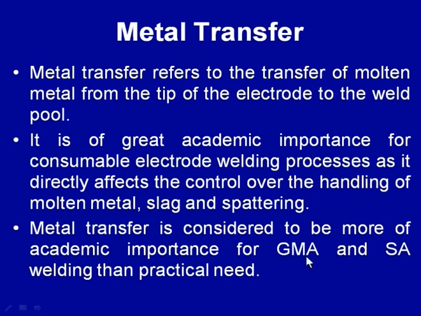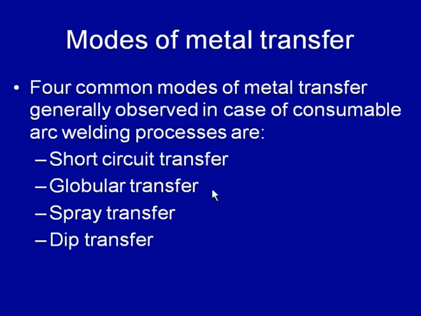Therefore, it is mainly considered of more academic importance, especially in consumable arc welding processes like GMAW and submerged arc welding, and of less practical need. But of course, if the proper mode of metal transfer is applied during welding, then we can get a cleaner weld with higher deposition efficiency.